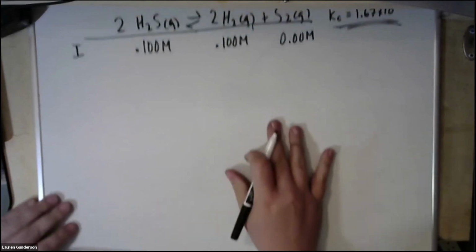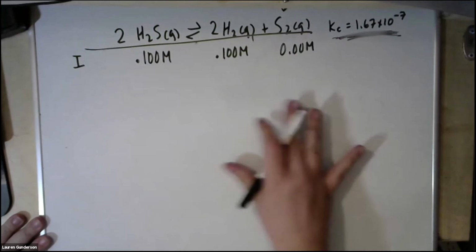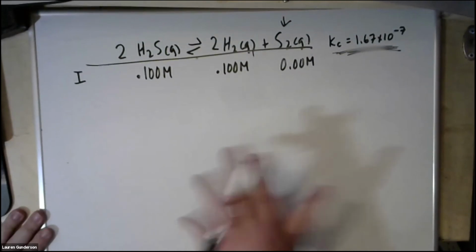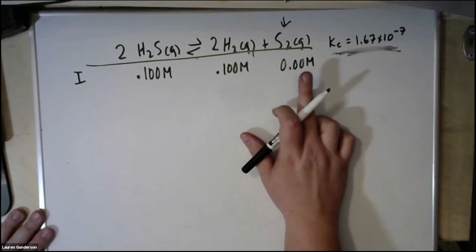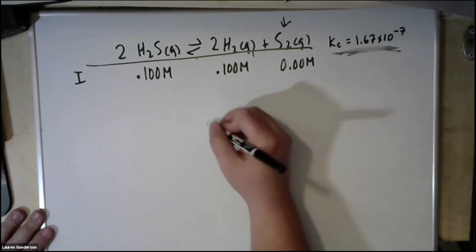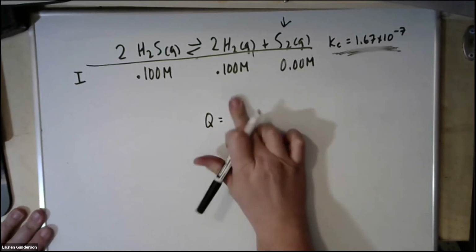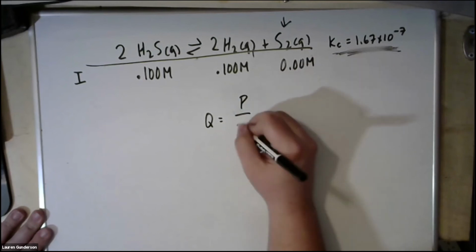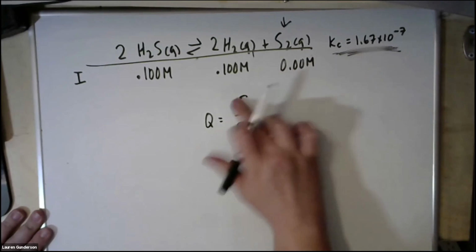So let's take a look at what we got to do here. Now, in this case, you can solve for Q to figure out which direction your reaction is going to go. Because we have a 0 as one of our products, when we do that Q calculation, Q is going to be products over the reactants raised to the coefficients. Well, the sulfur is 0.